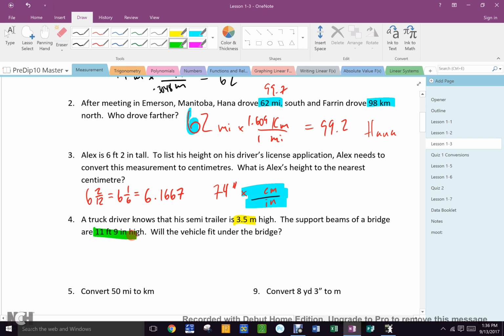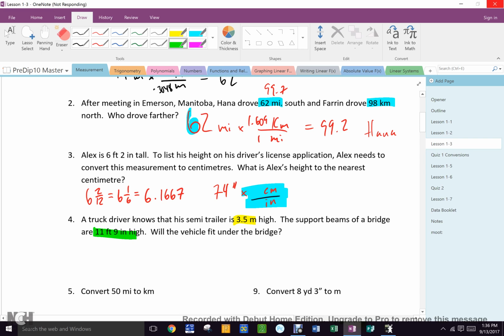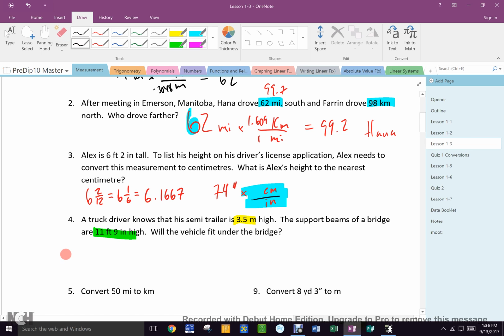Probably go 11 and 9 out of 12. 11 and 9/12, which is, of course, 11 and 3/4, which is, of course, 11.75 feet. And then you could convert that to meters over feet. If you were going on the other side, you could do that.